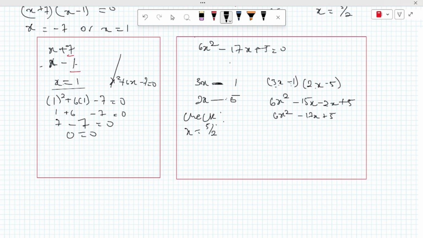In that expression, as we did before, in the place of x, you're going to put 5/2. So it's going to be 6 times (5/2) squared minus 17 times 5/2 plus 5 is equal to 0, right?